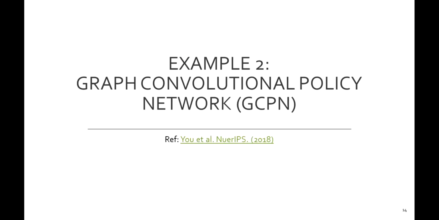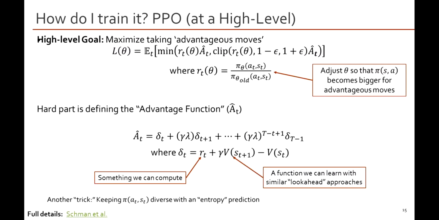So moving on from here, we'll talk about another method for molecular reinforcement learning, which is the Graph Convolutional Policy Network, or GCPN, which came out of NeurIPS in 2018. So here they're using another version of the policy gradient that we learned earlier that has a few different characteristics to it.